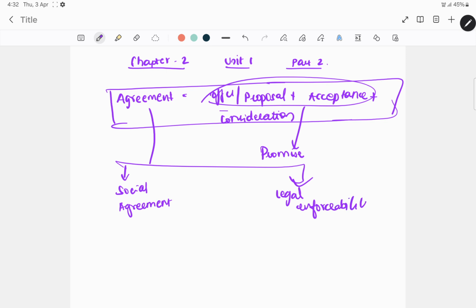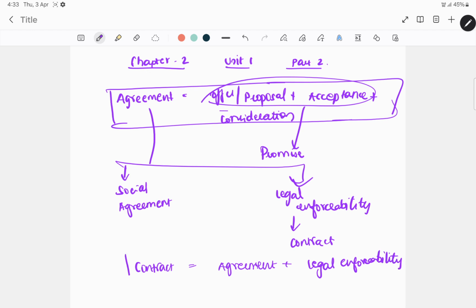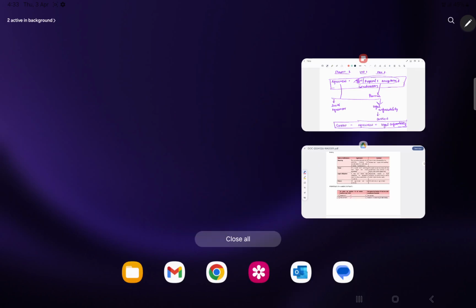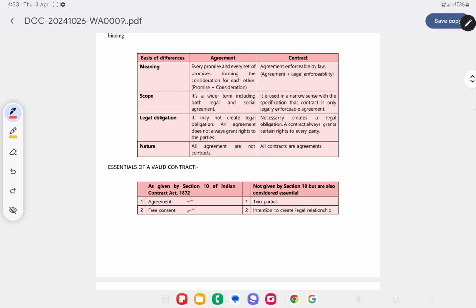Those agreements that have legal enforceability are referred to as contracts. So a contract is basically an agreement which is legally enforceable: agreement plus legal enforceability.